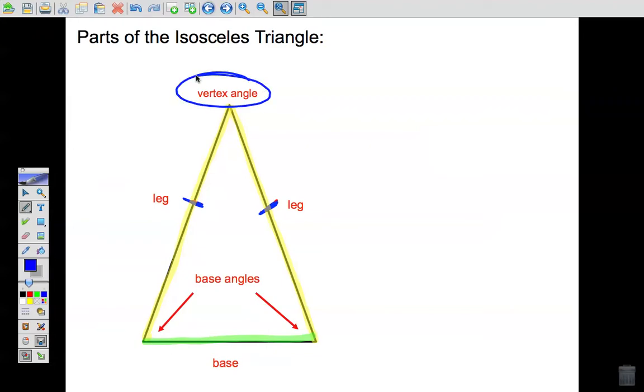Notice that the vertex angle is made up of the 2 legs. So we have the vertex angle and we have the 2 base angles. I just really want you to be familiar with the vocab on this: vertex angle, leg, base, and base angles.